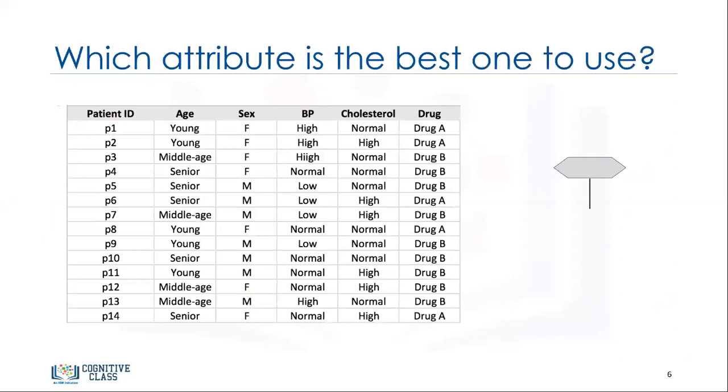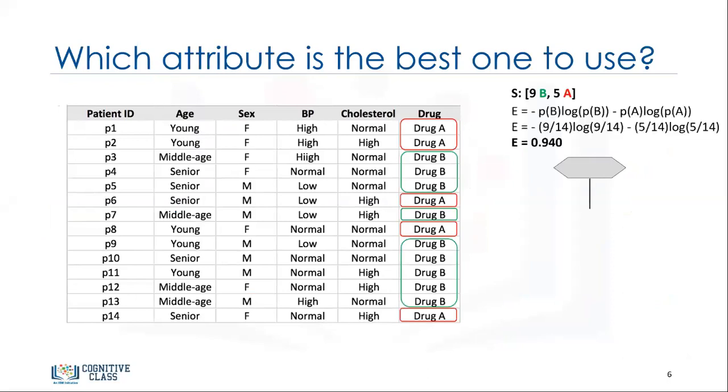As an example, let's calculate the entropy of the dataset before splitting it. We have 9 occurrences of drug B and 5 of drug A. You can embed these numbers into the entropy formula to calculate the impurity of the target attribute before splitting it. In this case, it is 0.94.